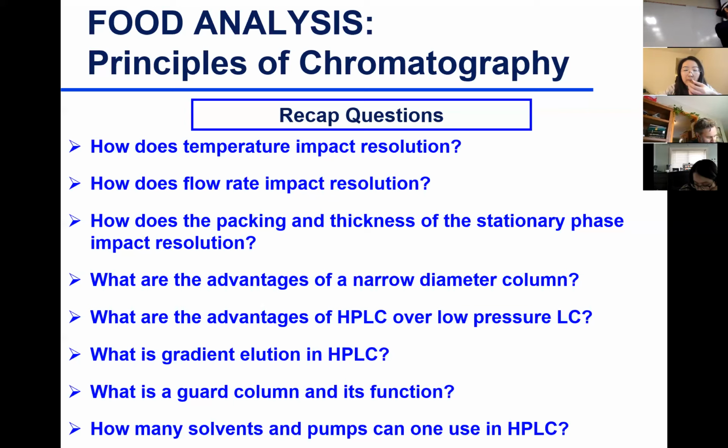We have this system called low pressure mixing. So you can have multiple solvents mixed at low pressure and one pump is pumping. Or you can have one pump per solvent. You can have two pumps, two solvents, four pumps, four solvents. So it depends on your setup.